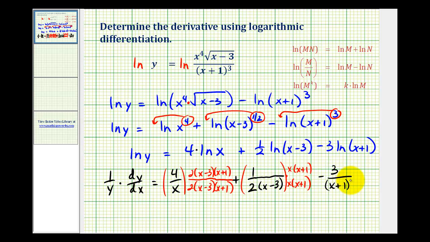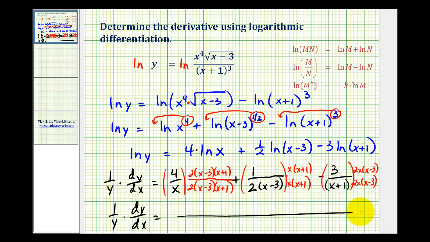And here we'll have to multiply by 2x and x minus 3 on both the top and bottom. So notice how all the denominators are now the same, so we can try to combine the numerators. So we'll have 1 over y times dy/dx is going to be equal to a fraction where the denominator is going to be 2x times x minus 3 times x plus 1.